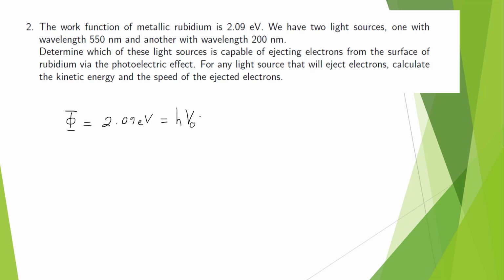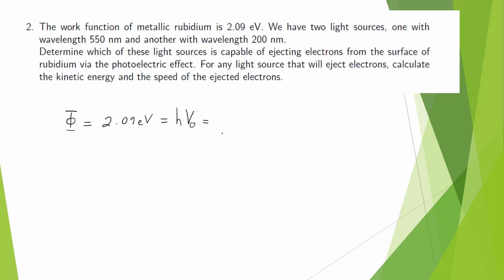Because we're trying to determine the light sources that are capable of ejecting electrons via the photoelectric effect, we're going to want to look for the initial wavelength of the metallic rubidium, whose work function is 2.09 electron volts.